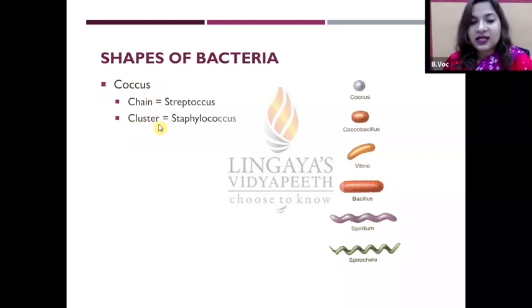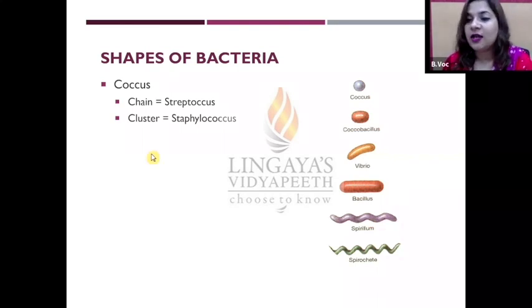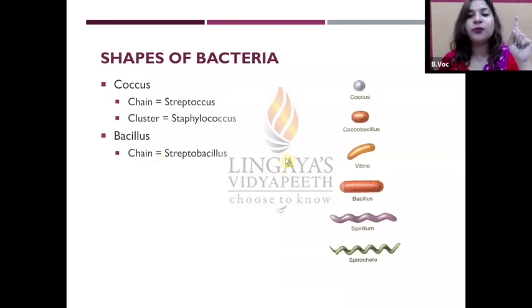Next one is the cluster formation. So the round shaped bacteria which are in cluster formation or grape-like formation, an example is staphylococcus. Then next is the bacilli. The first class of bacteria on the basis of their shape is cocci. The second class of the bacteria is the bacilli.